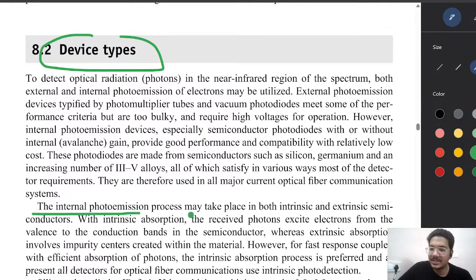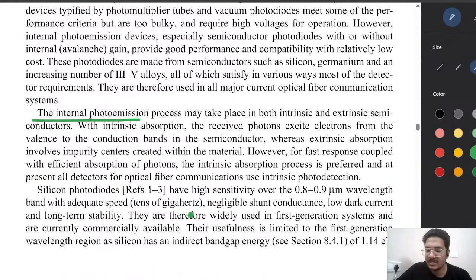The second one is internal photoemission. This is the mechanism used by semiconductor photodiodes, the primary detectors in today's optical fiber systems. They are preferred because they are small, low cost, highly sensitive, fast, compatible with the fiber wavelength, and have low operating voltage.